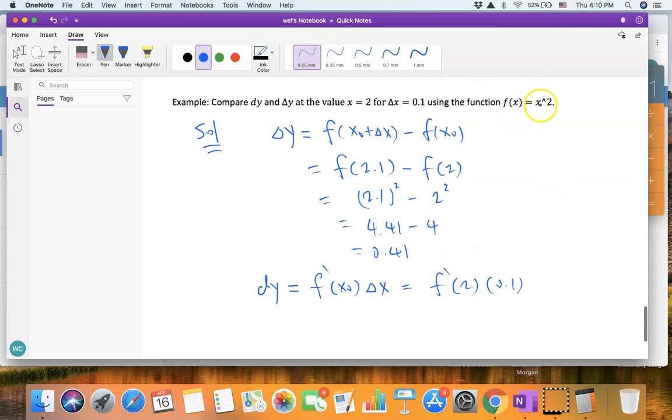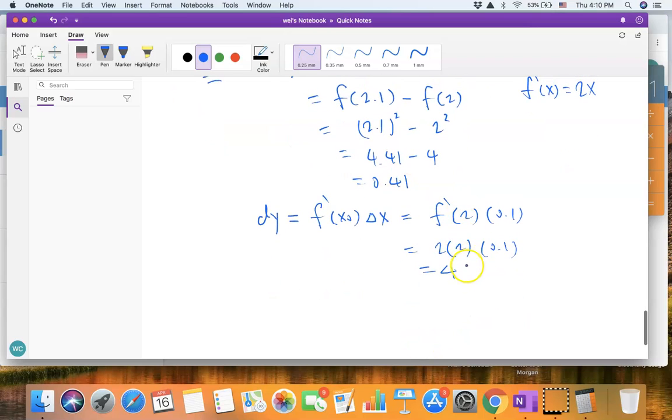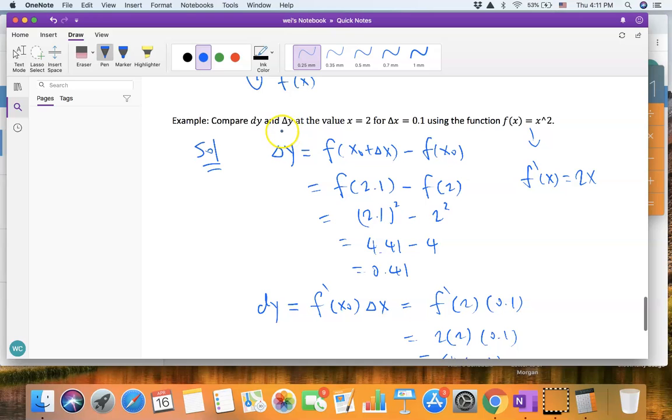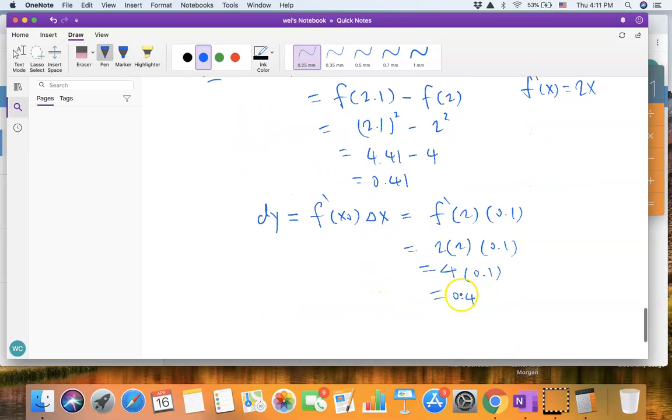So we will need to find the derivative first. The derivative of the function f(x) is 2x. So f prime of 2 equals 2 times 2, which is 4, times 0.1, which is 0.4. So delta y is 0.41 and dy is 0.4.